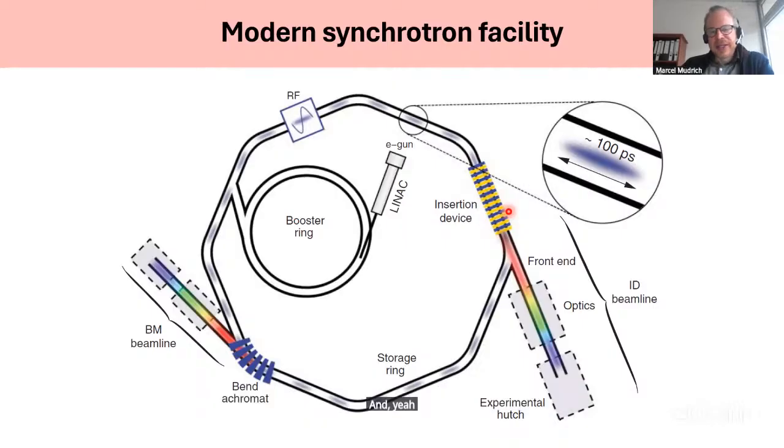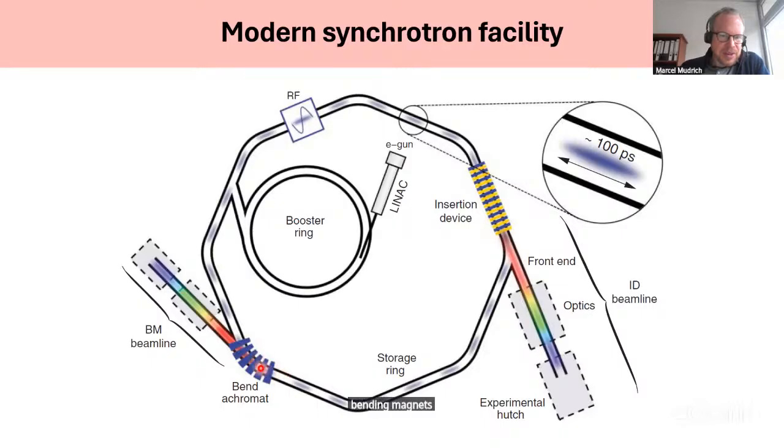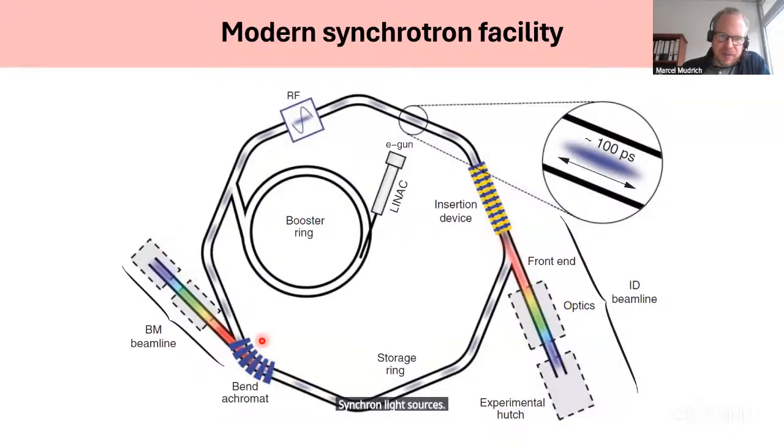And so the main synchrotron radiation sources are these undulators, but still even just bending magnets, where the electron beam is bent around the corner, are used as synchrotron light sources, which have typically a very broad spectrum, but a broad spectrum of radiation up to the X-ray range can be very useful for many applications.